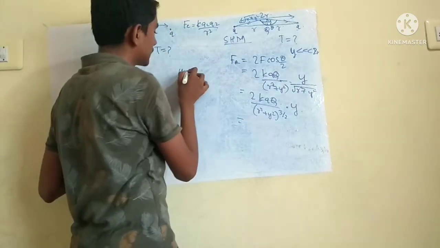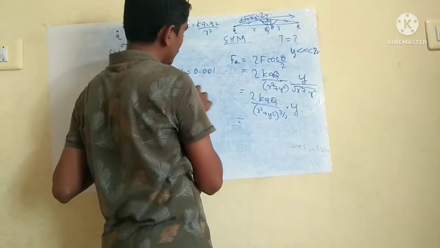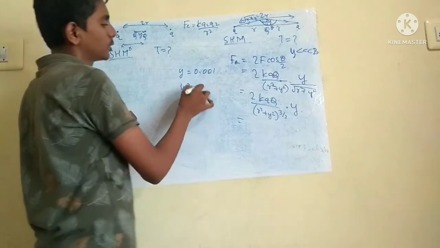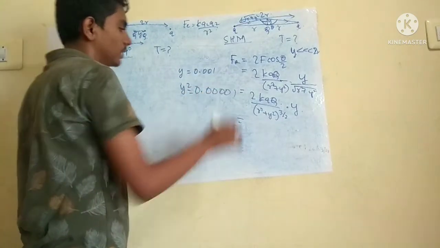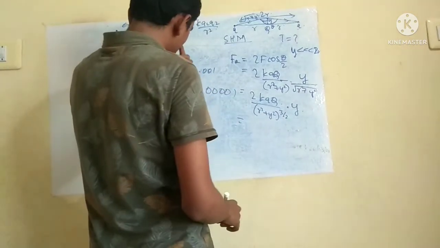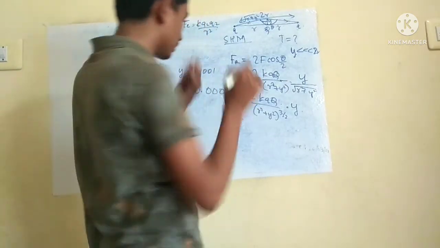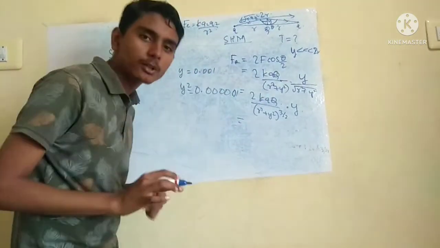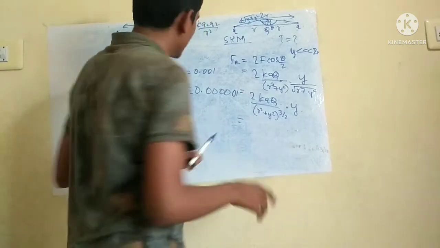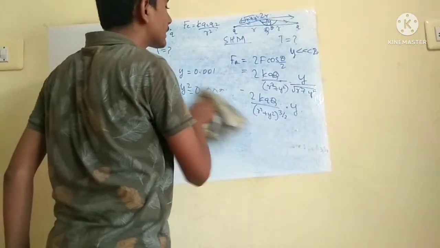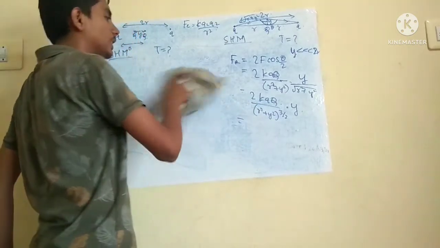If consider now y is 0.001, then y square will be equal to 0.00001. This much 0 will come, means it tends to 0 now. So we can neglect this y square, means y square we can equate to 0 in this condition.